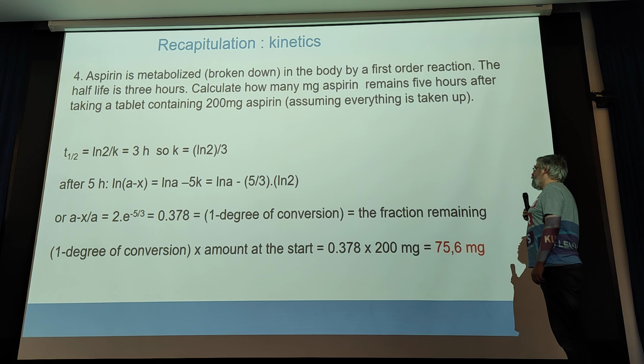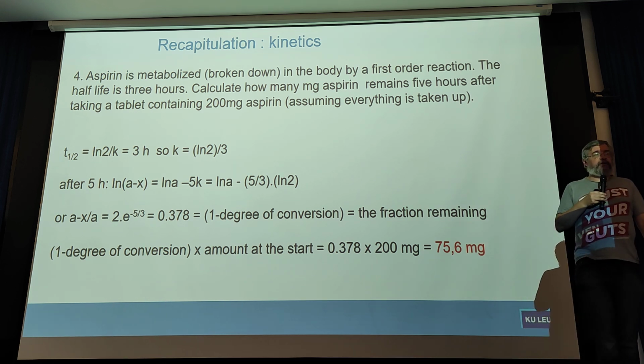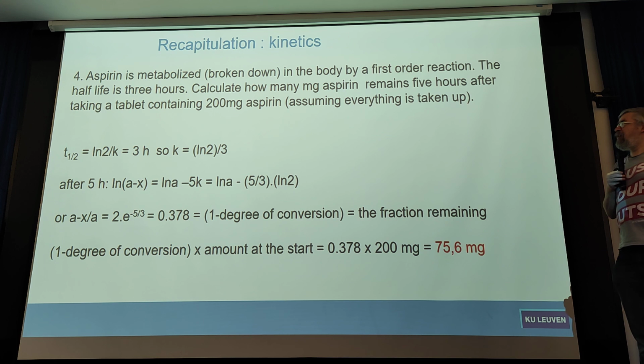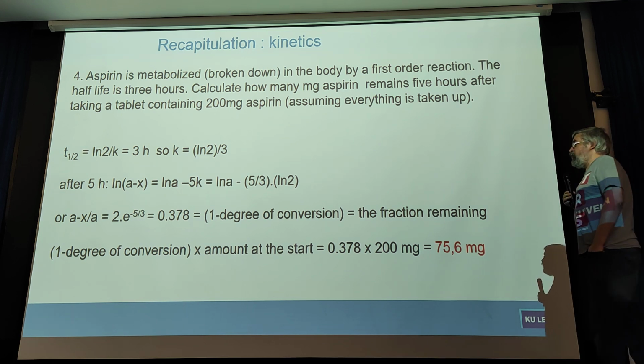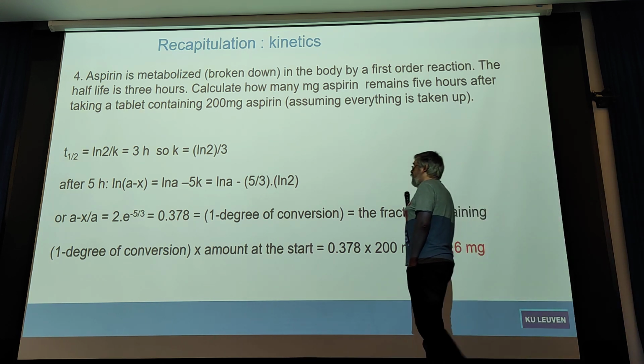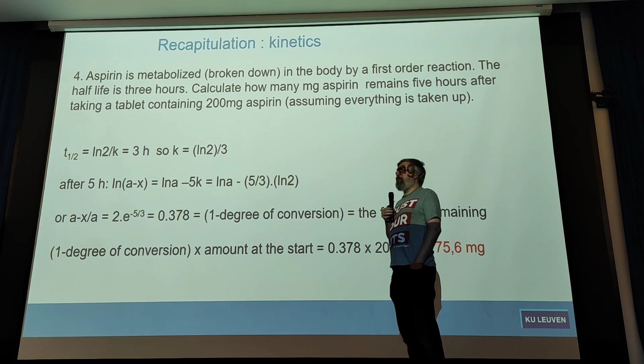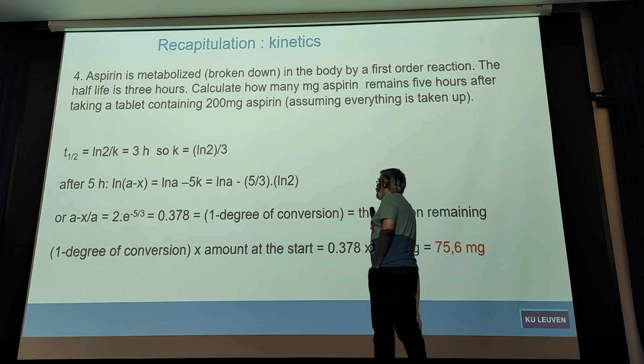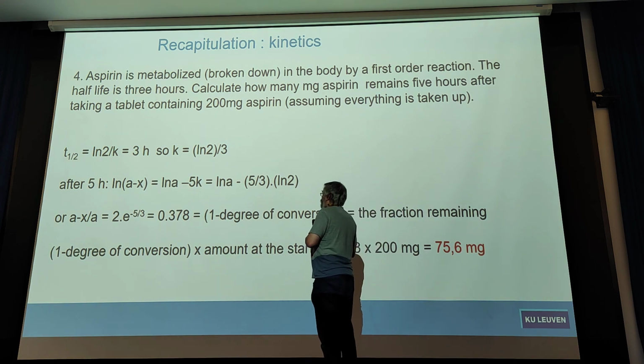Okay, so we want to know how much is left after 5 hours, and we have the general equation ln(a minus x) is ln a minus kt, t being the time. So this is 5k because the time is 5 hours. So that means we can actually write it as 5/3 of ln2.